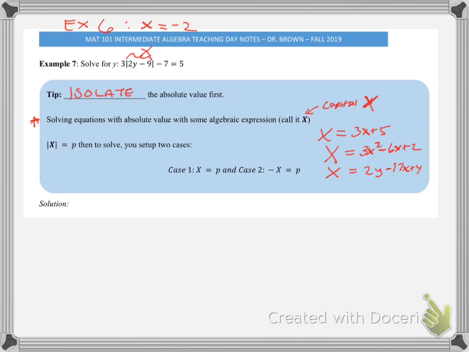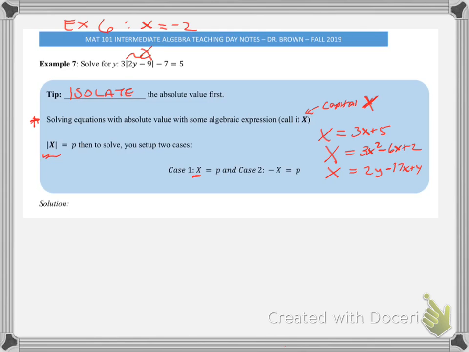Okay. So once you isolate the absolute value, you're going to have the absolute value of whatever that expression is equal to some number. Okay. And then to solve that, you set up two cases. One where now you can take that expression outside of the absolute value, because remember, absolute value represents the distance, right? The distance from the origin.